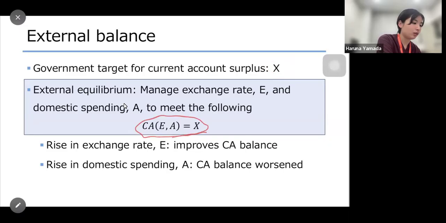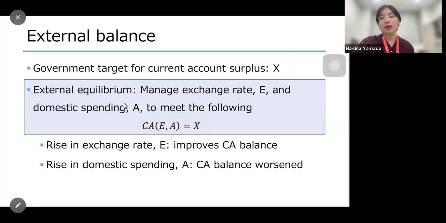The current account should be equal to the desired level X. So a rise in the exchange rate E improves the current account balance, and a rise in domestic spending A worsens the current account balance.